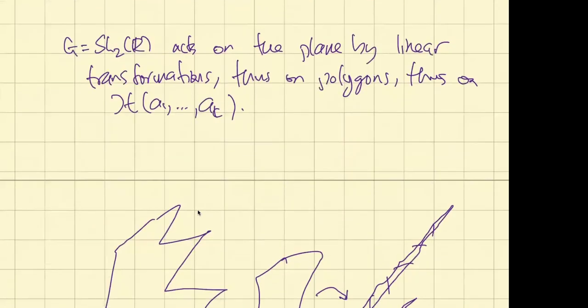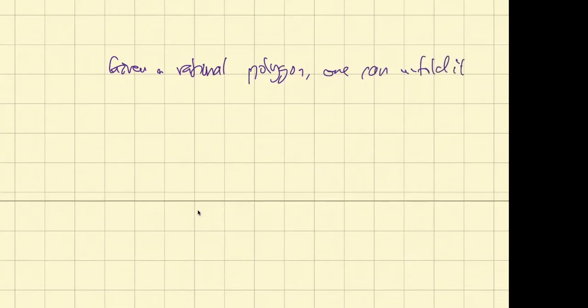When you start with a polygon and you're playing billiards in the polygon, this is where rational makes an appearance. So given a rational polygon, one can unfold it as follows.